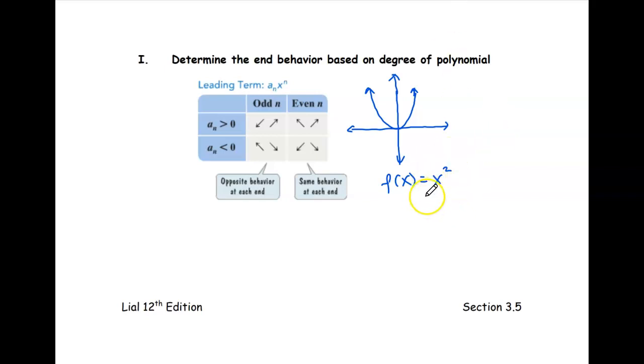It's also important to note that the coefficient of x squared in this case is 1, which is positive. Also remember the graph for f of x equal to x cubed. This is an example of the graph of a polynomial function whose degree is odd. Notice that in this function, the end behaviors are different. One is pointing down, and the other one is pointing upward.